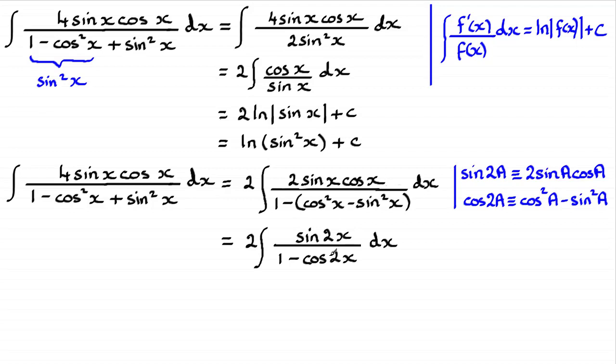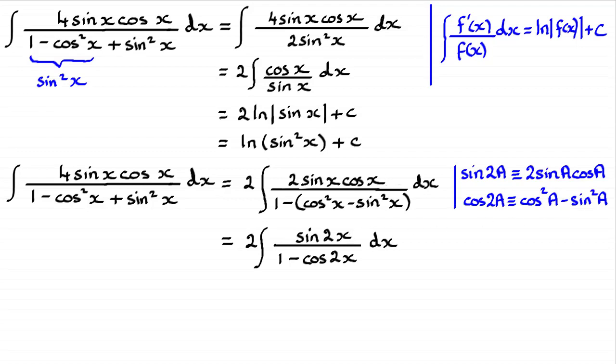Now, I notice that I can use this idea up here. If I differentiate the denominator, 1 minus cos 2x, what I'm going to get is simply 2 sine 2x, and I've got that here, 2 sine 2x.